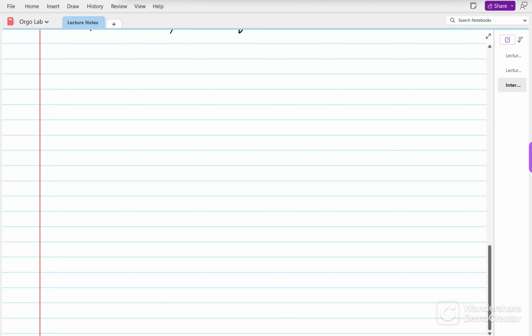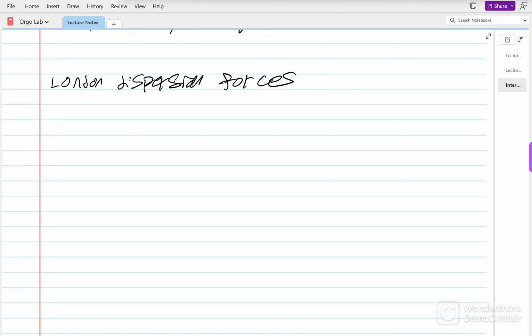Okay, last but certainly not least, I want to go over something that you guys have probably heard of: London dispersion forces, also known as induced dipole-induced dipole. You're going to find these London dispersion forces when two molecules interacting with each other have a temporary dipole moment.